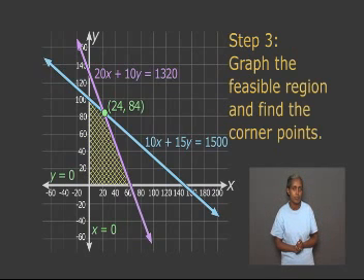We can see from the graph that the intersecting point is at 24, 84. Therefore, there are 3 vertices we can use to test for the maximum point.